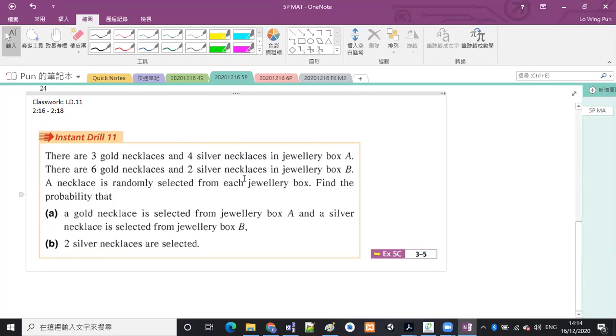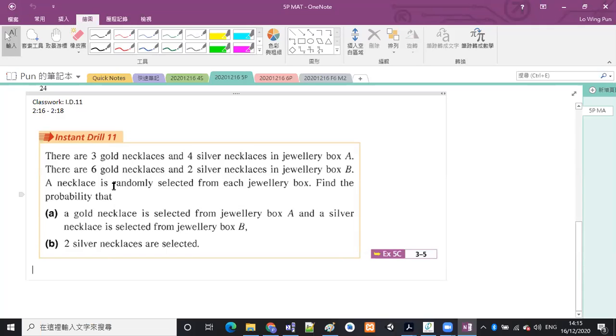Okay, have we done? So there are 3 gold necklaces and 4 silver necklaces in jewelry box A. Everything is a necklace, but some are gold and some are silver. And there are 6 gold necklaces and 2 silver necklaces in jewelry box B. A necklace is randomly selected from each jewelry box. So box A has a selection, and box B has a selection. We separate it into 2 parts.